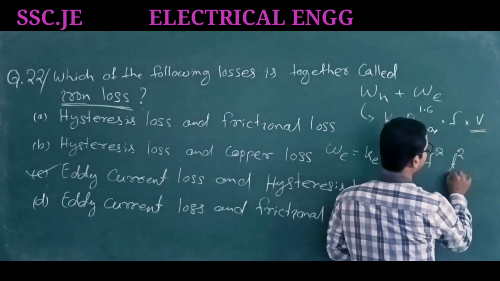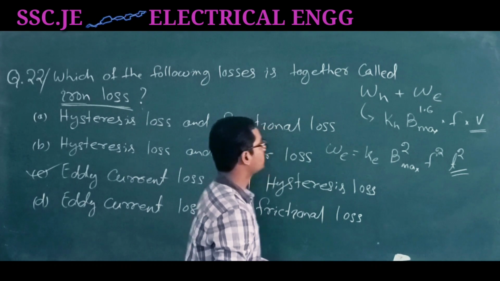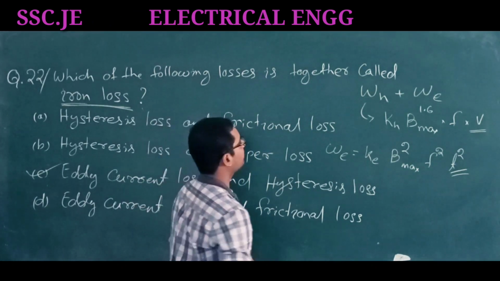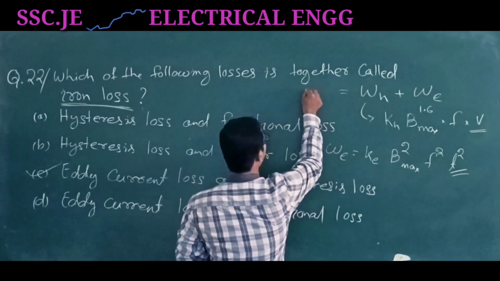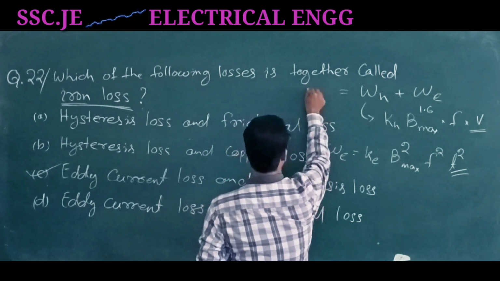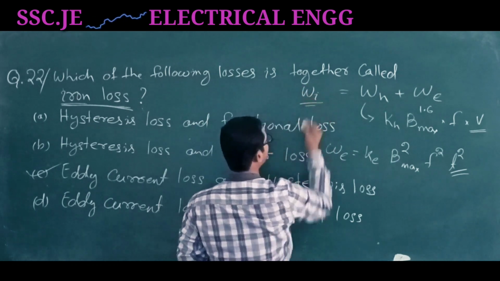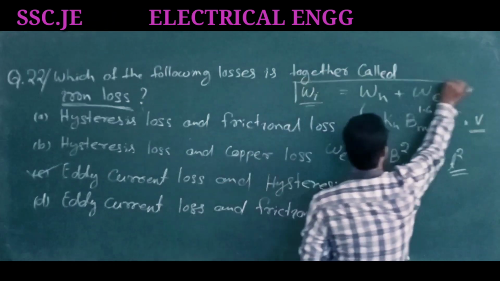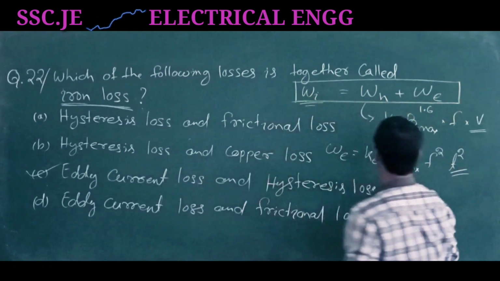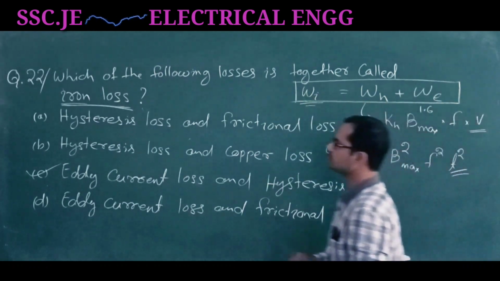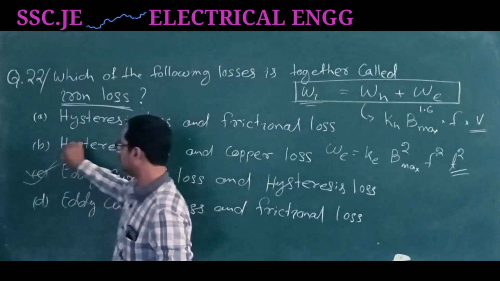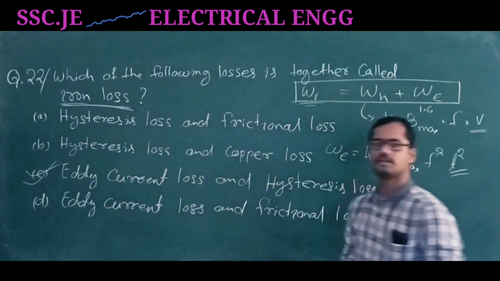This is the volume of the core and this is the thickness of the core. So we have to remember the formula. The iron loss Wi is Wh plus We. So the correct answer is option C, eddy current loss and hysteresis loss.